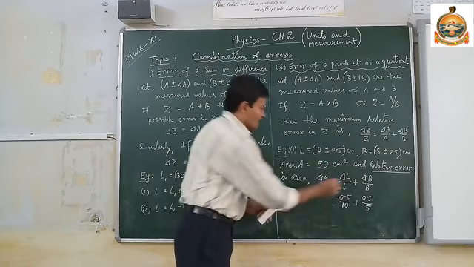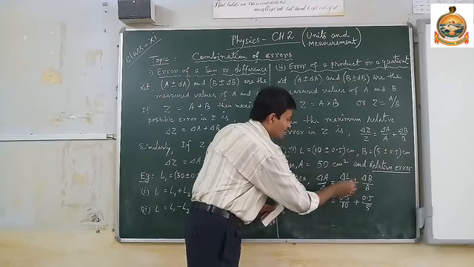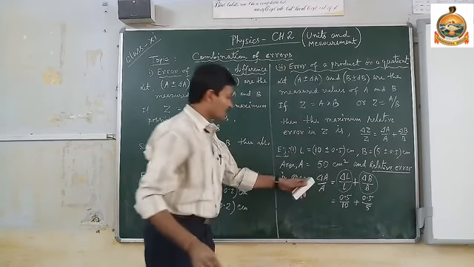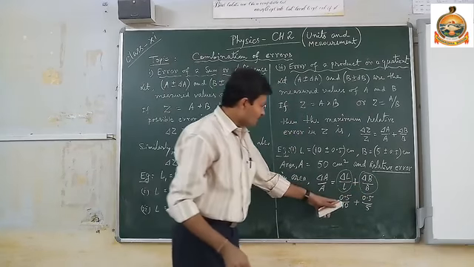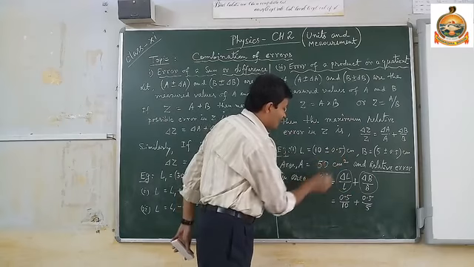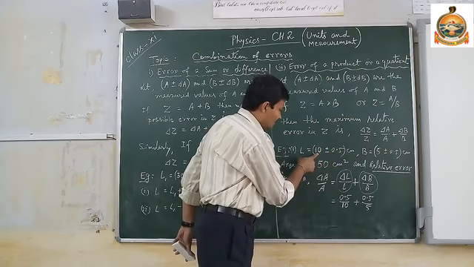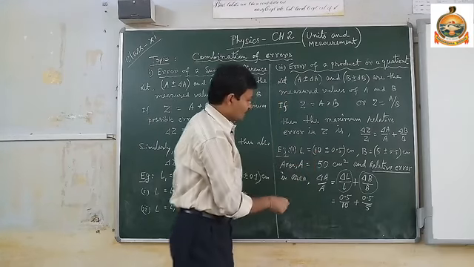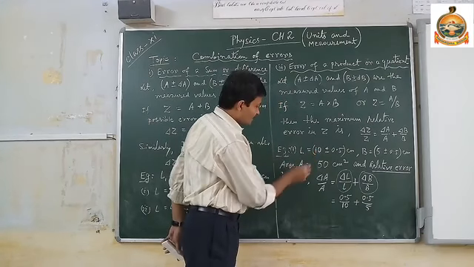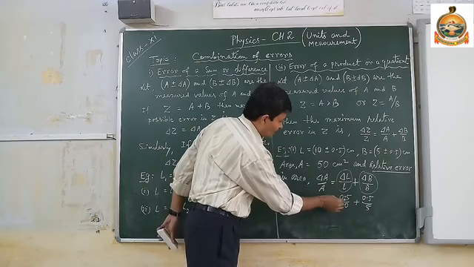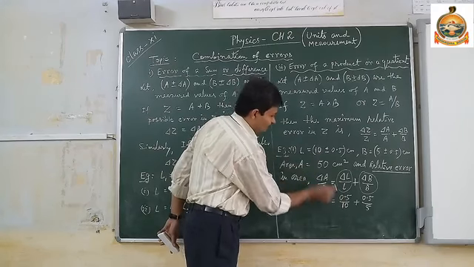So, adding the relative errors of length and breadth, we get the relative error of area, and this is the procedure. For length, delta A mean is the mean absolute error, 0.5, put here, and A mean is the true value, 10, put here.